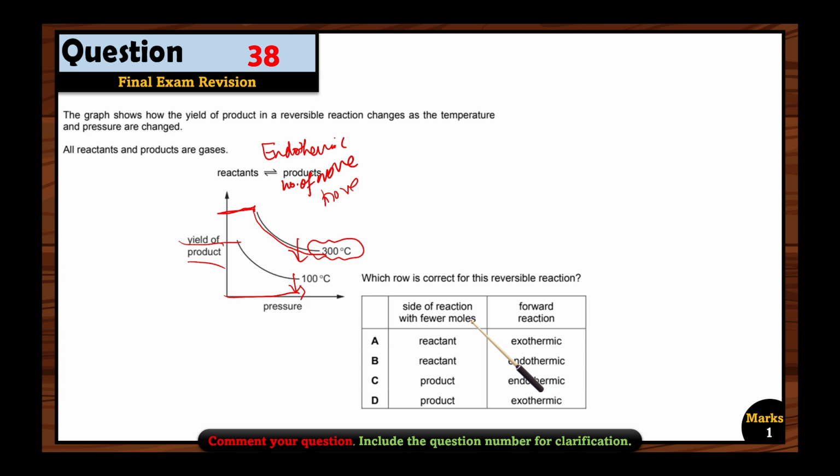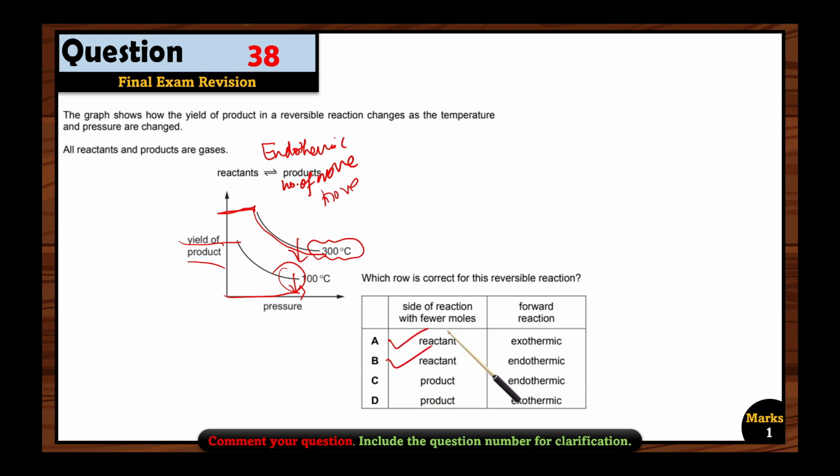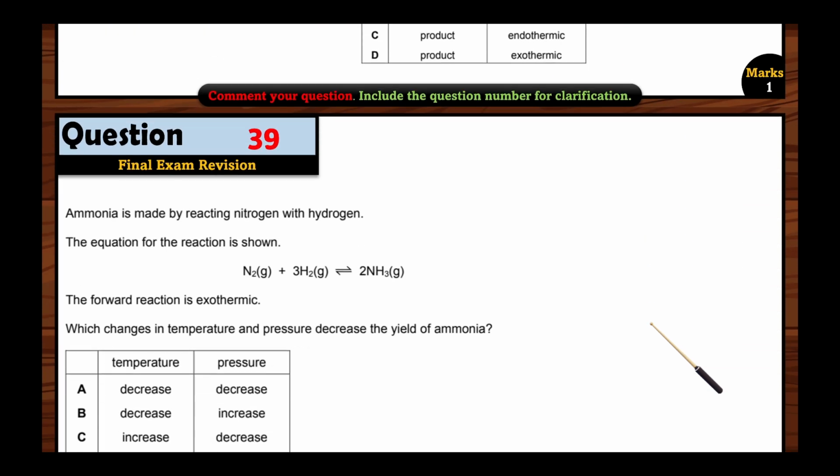Which side has fewer moles? The reactants have fewer moles here, because high pressure is actually helping the reactants. We are not getting more product. So the side of the reaction with fewer moles is the reactants, not the product. And is the forward reaction exothermic or endothermic? Of course, it's endothermic. So option B is the right option.